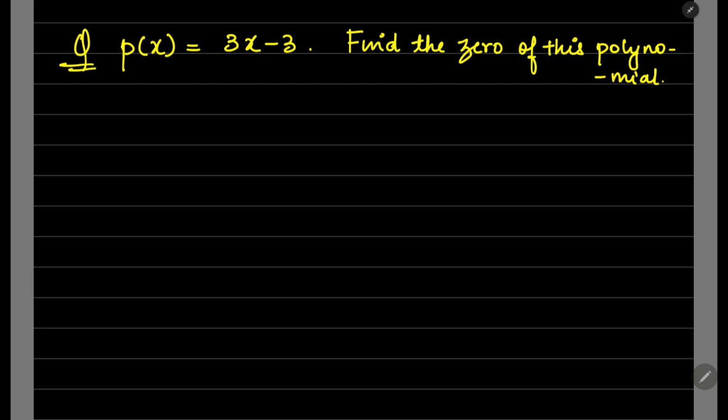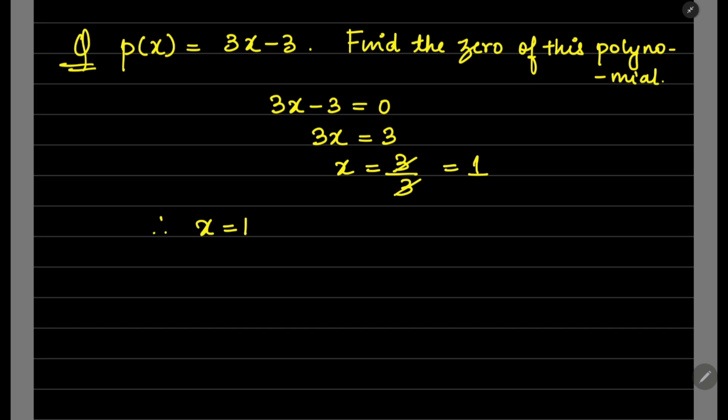You have to first equate this to 0. So 3x minus 3 equal to 0, 3x equal to 3. x will be equal to 3 divided by 3, which is 1. Therefore, x equal to 1 is the zero of this polynomial.